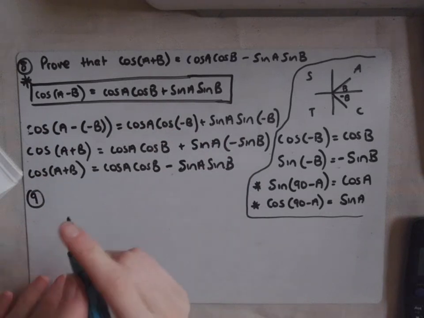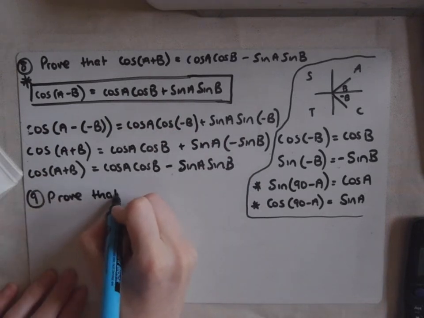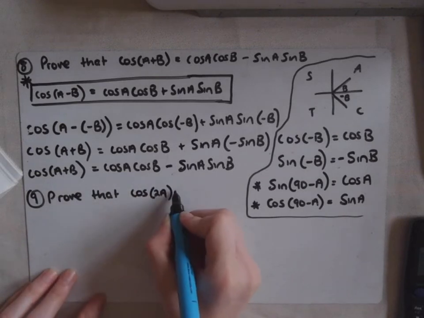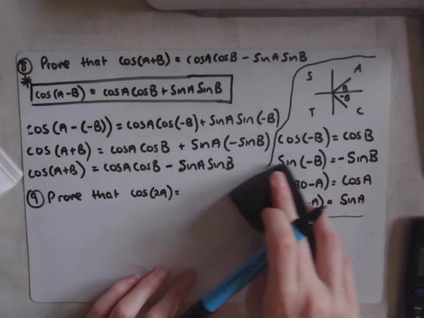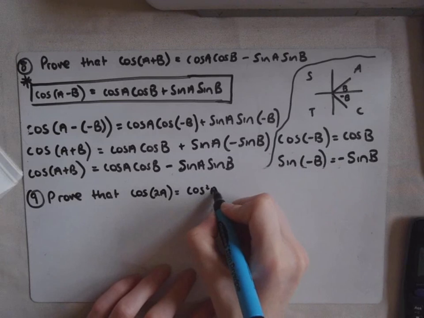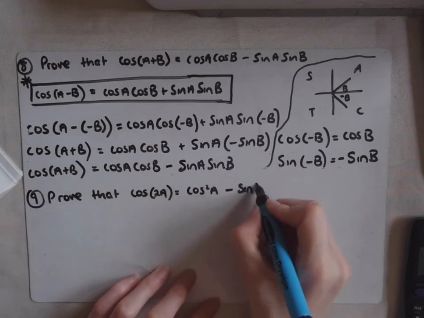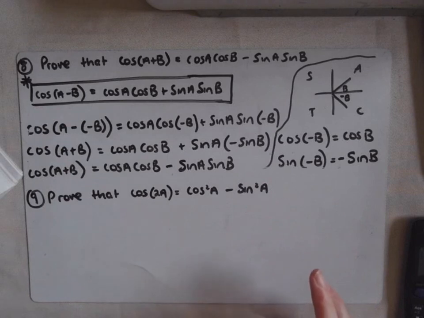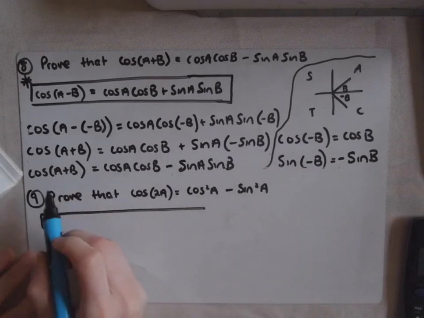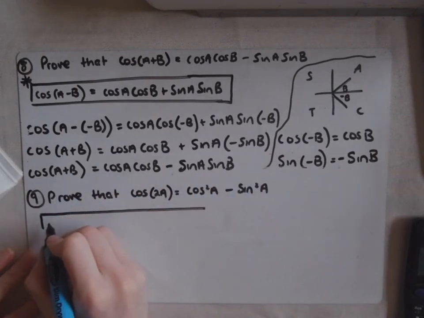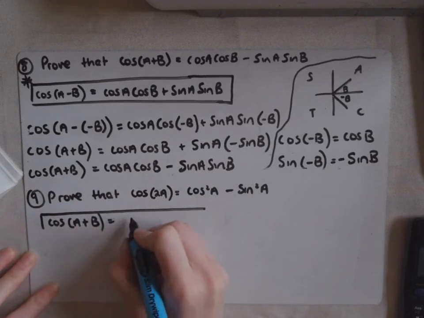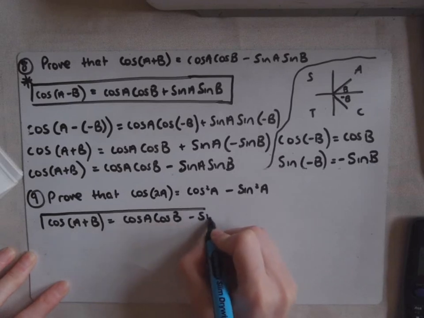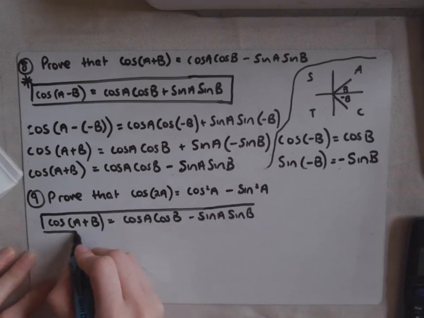Here's another really quick one you need to learn off. Prove that cos of 2A equals cos squared A minus sine squared A. Now, what I'm going to use for this is my answer from above, cos of A plus B. Now, how is that going to help me?